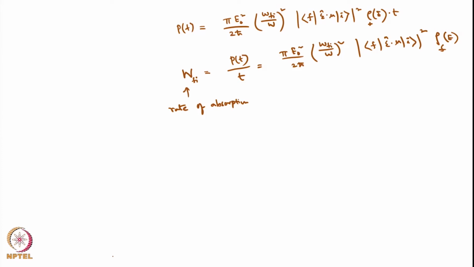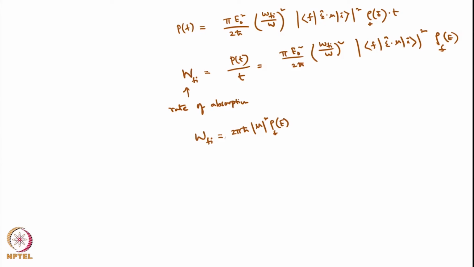Now, I can define some quantity such that WFI equals 2 pi h bar modulus of mu square into rho of f.